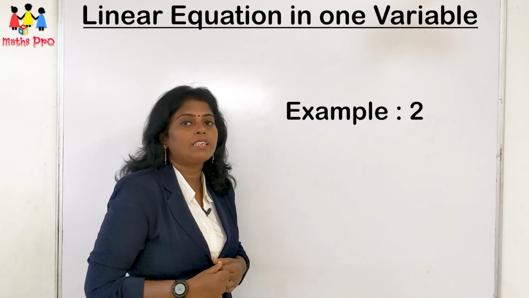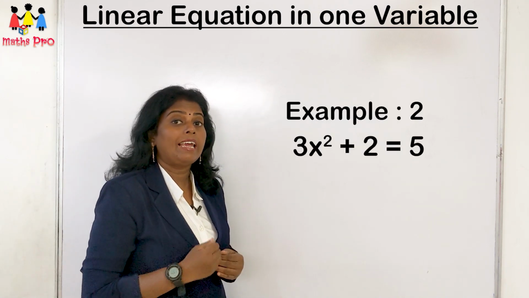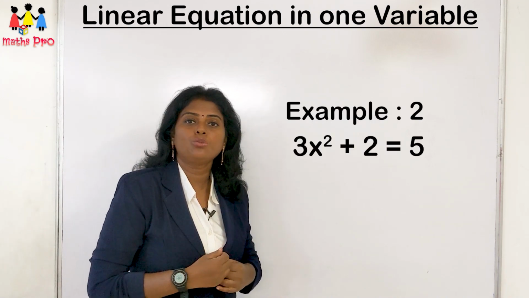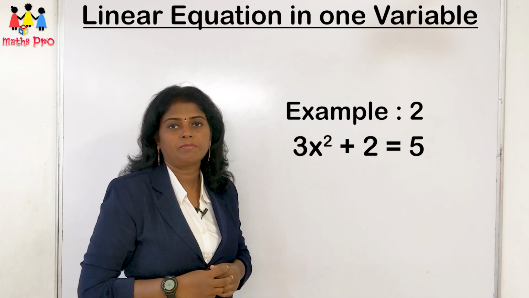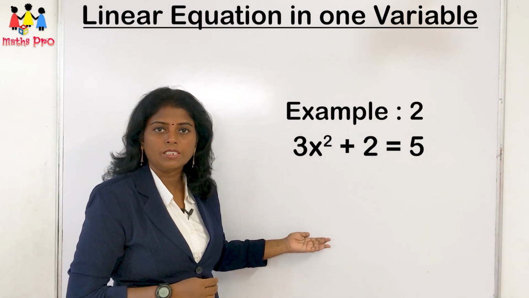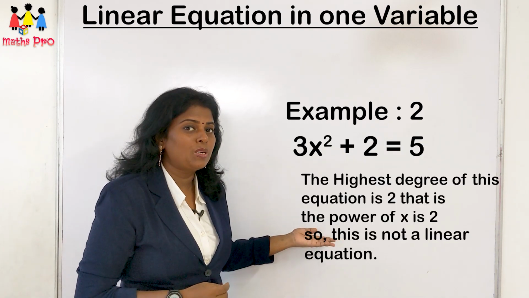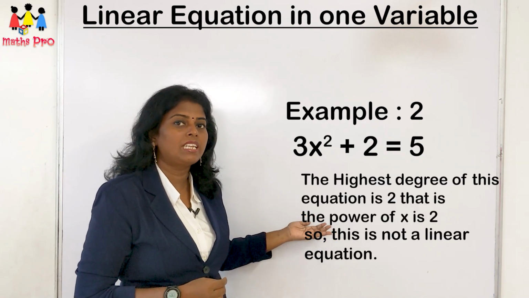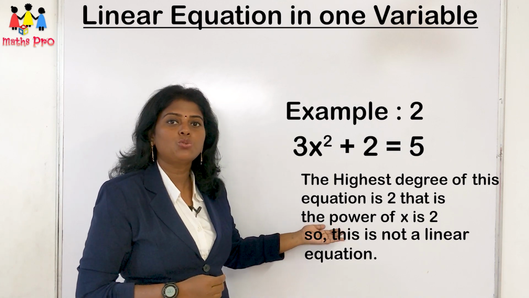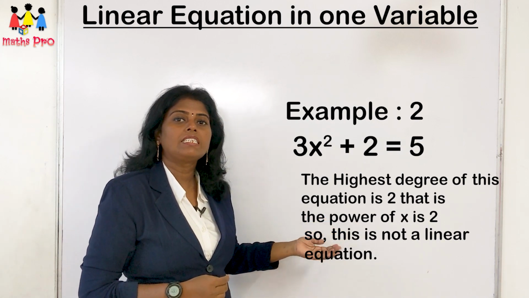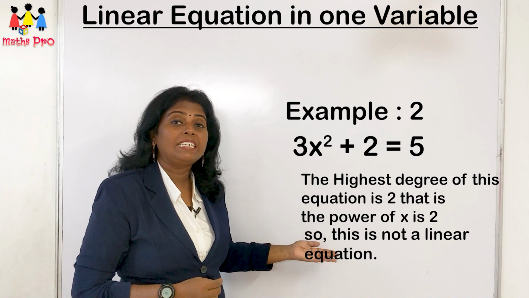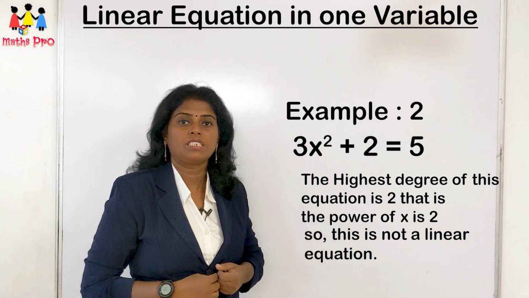Next, if you have the example 3x square plus 2 equal to 5, this is also an equation. But the highest degree of this second equation is 2, so it is an equation but not a linear equation.